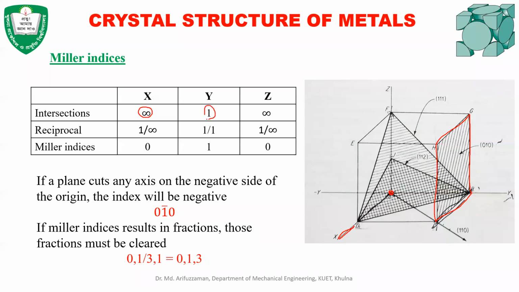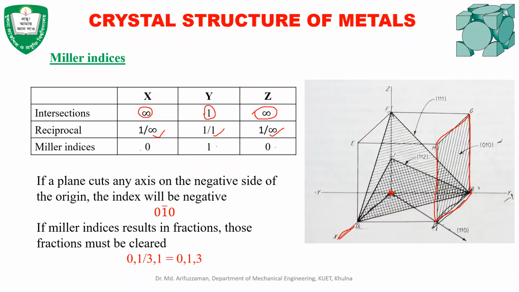So the intersection is at 1 in the y-axis, and this plane is also parallel to the z-axis. So in the case of the z-axis, the intersection point is infinity. To find the Miller indices, you need to take the reciprocal of the intersection points: 1 over infinity, 1 over 1, and 1 over infinity. That gives you 0, 1, and 0.